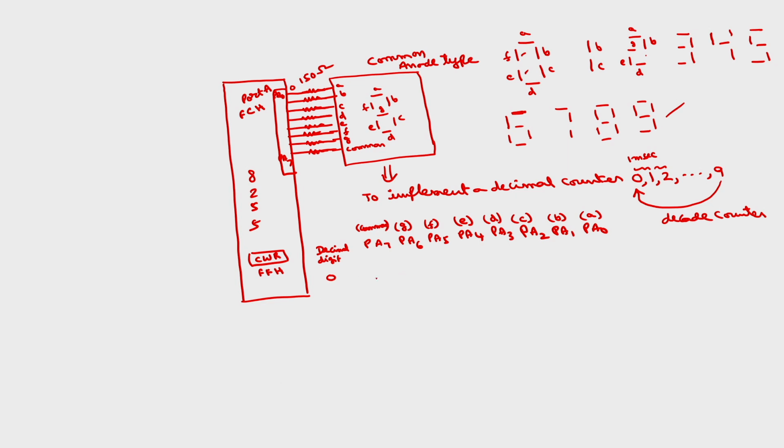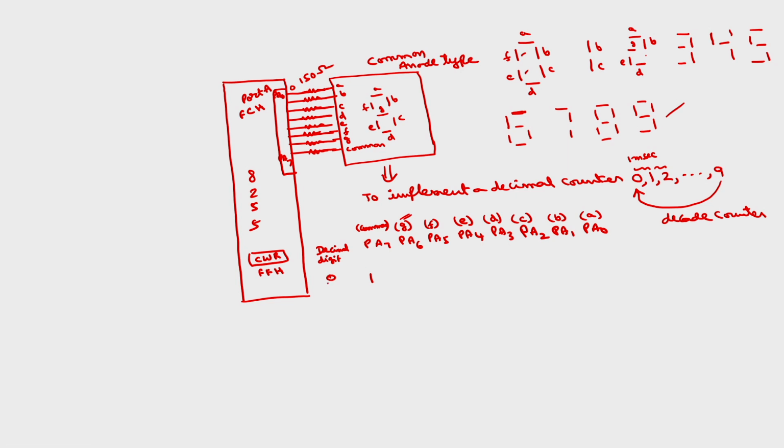So, in order to display any digit, this should always be 1. Common anode has to be connected to 1. And to glow any segment, I have to send a logic 0 on that particular segment. So, for 0, except G, I have to glow all the remaining segments.